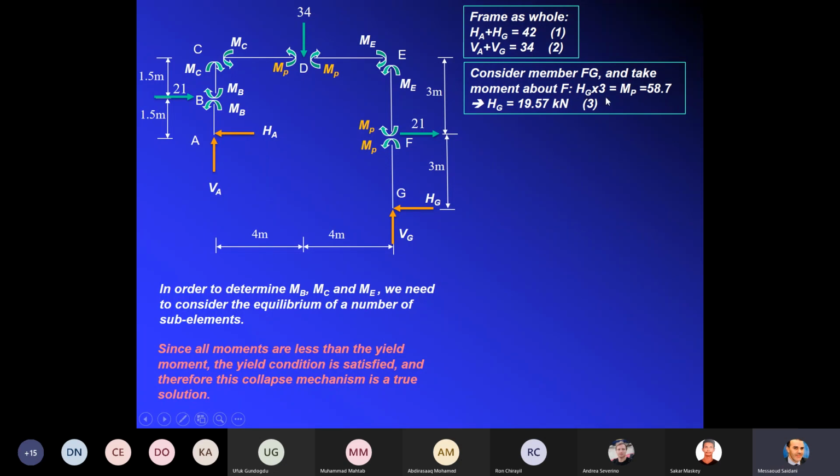So HG times 3 equals 58.7, therefore HG is 58.7 divided by 3, which is 19.57. So the horizontal reaction at G is 19.57 kilonewtons. Is that clear?